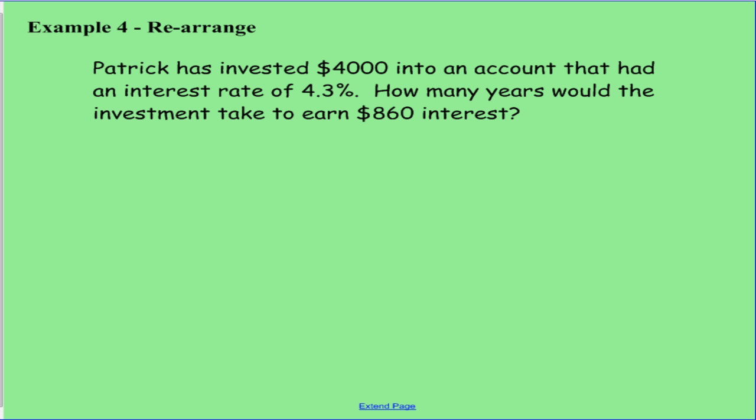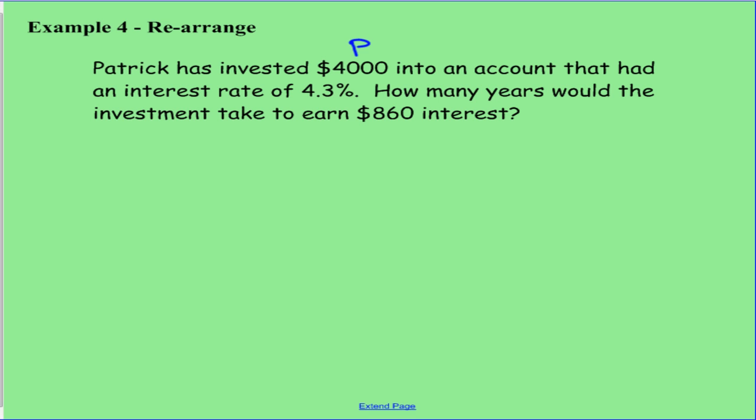Not all the time we're going to be asked to calculate the interest, so we need to know how to work with our equation so that we can get what we need. So let's have a look at what we've got. Patrick has invested $4,000 into an account that had an interest rate of 4.3%. How many years would the investment take to earn $860 interest? So let's just label the bits that we have.